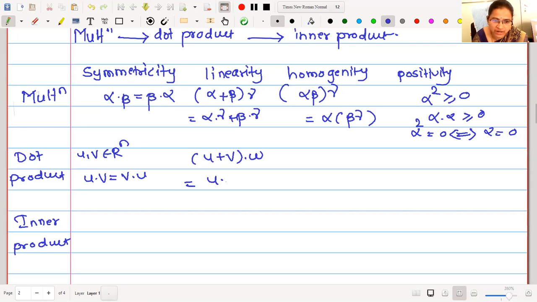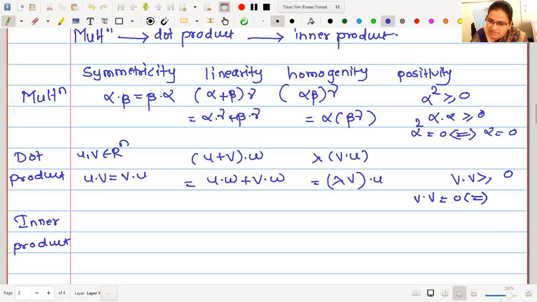Then this is defined as u dot w plus v dot w. Similarly, if we have any scalar, say lambda, then (lambda v) dot u is defined as lambda (v dot u), homogeneity. And lastly, v dot v is greater than or equal to 0, and v dot v equal to 0 is implied by v equal to 0.